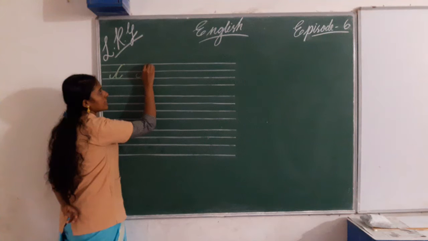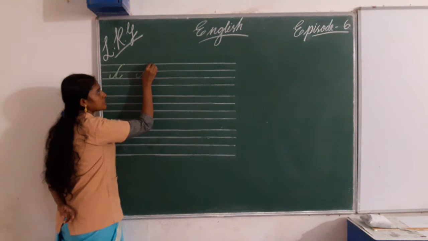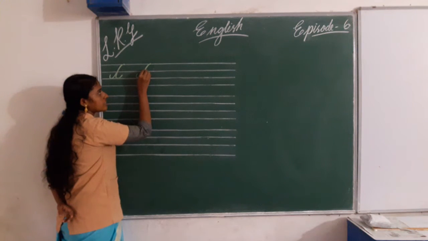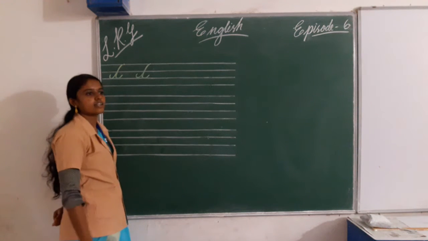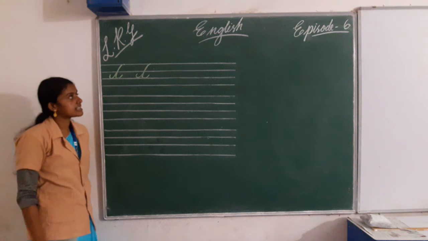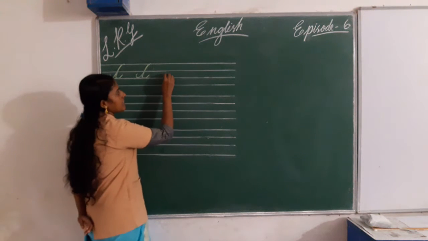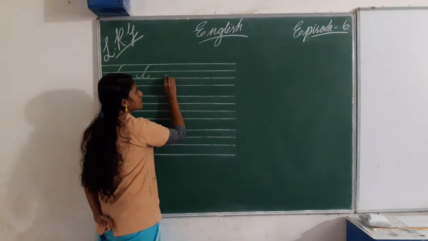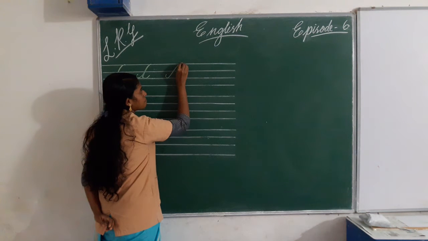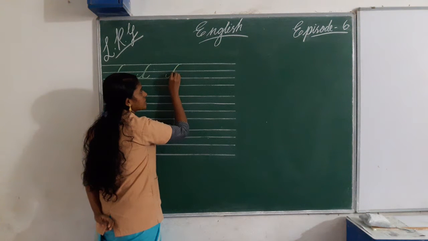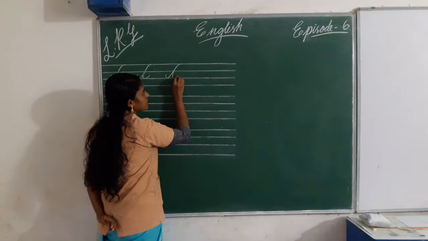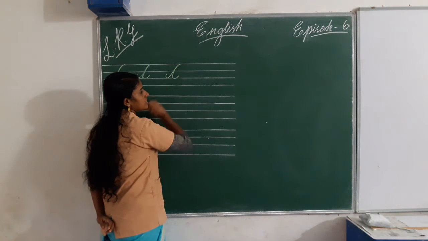Draw a line up and a small curve. Then draw down and a curve. C. Say C. Once again. Draw a line up and then draw a line down and a small curve like this.